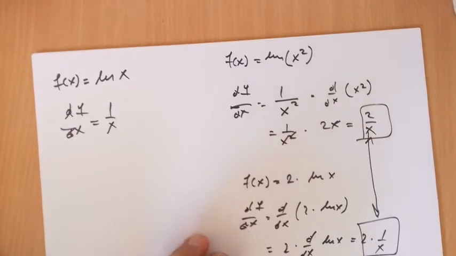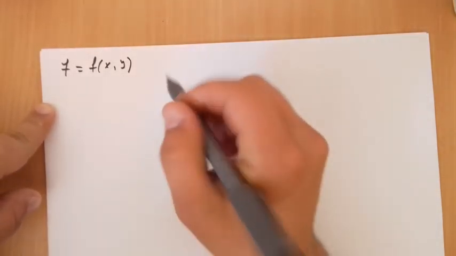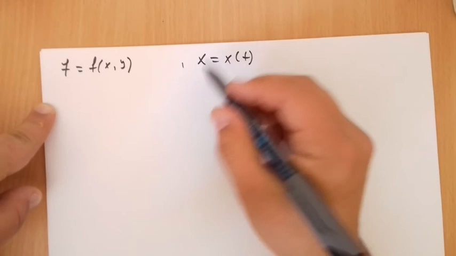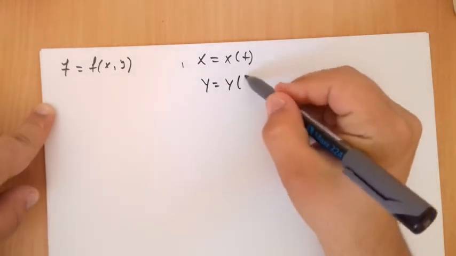So those were partial derivatives. In another video I'm going to do partial derivatives in more detail for the chain rule, because sometimes we need the chain rule, and the chain rule is the method. For example, if f is a function of x and y, but x is also a function of t, for example time, and y is also a function of t.